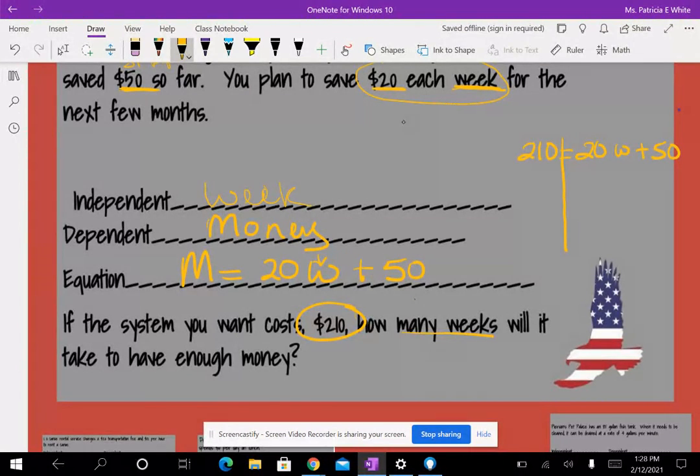Two-step equation. Minus that 50. 50 is gone. 210 minus 50 is 160, equals 20W. Divide by that 20.